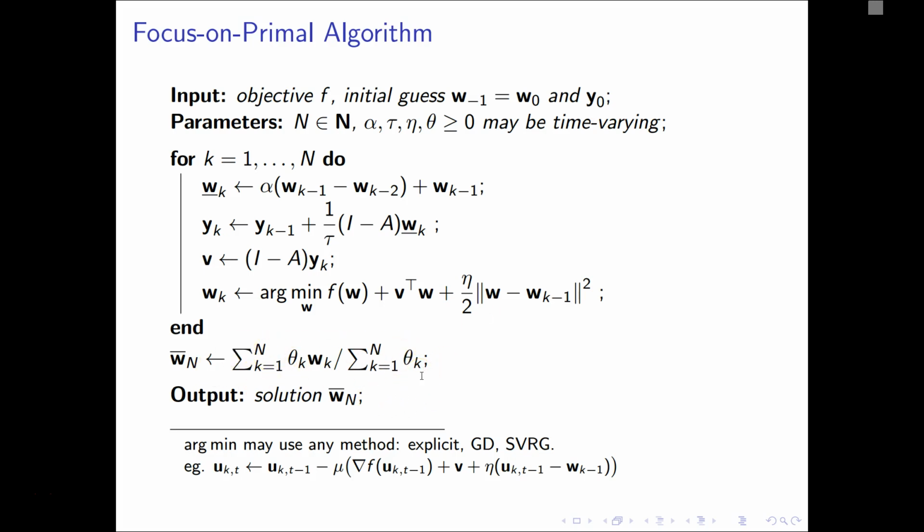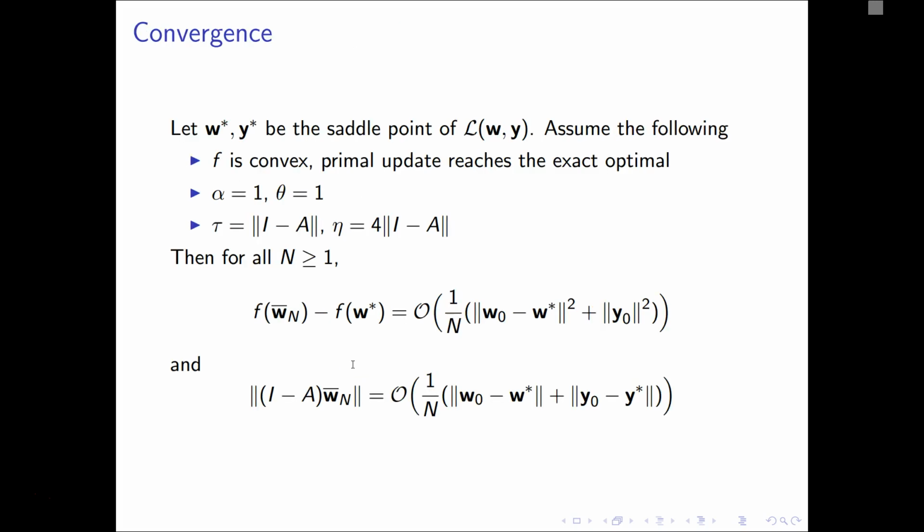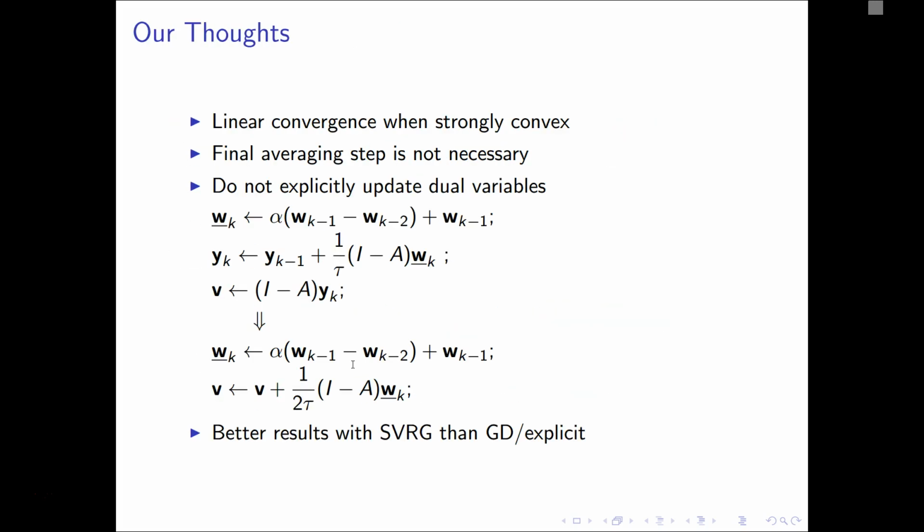We always observe better results if we have the Wn, capital N, as soon as it converges, of course. And finally, we don't want explicit updates of dual variables. By doing this, we can save communications. We can reduce the communications from 2 rounds to 1 round in each outer loop.